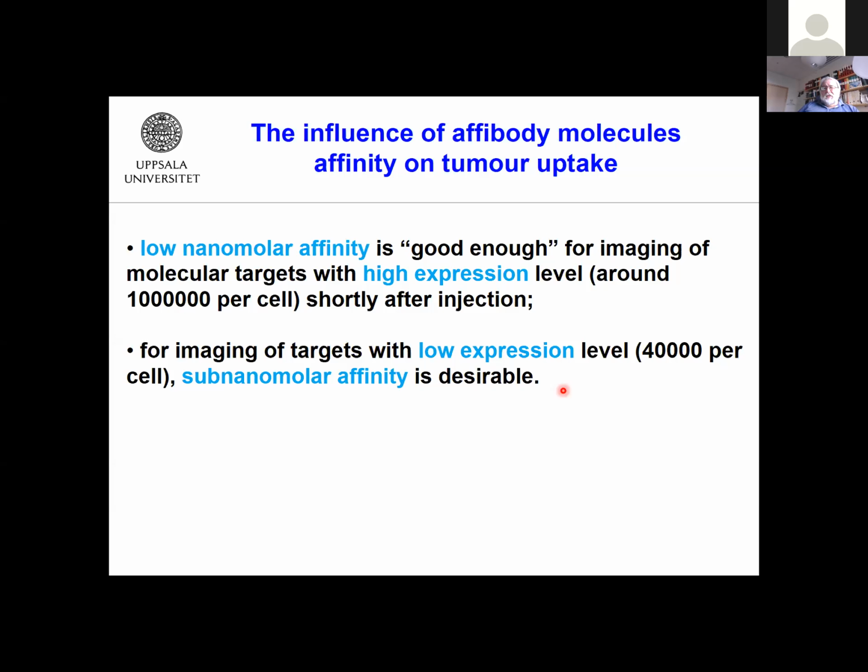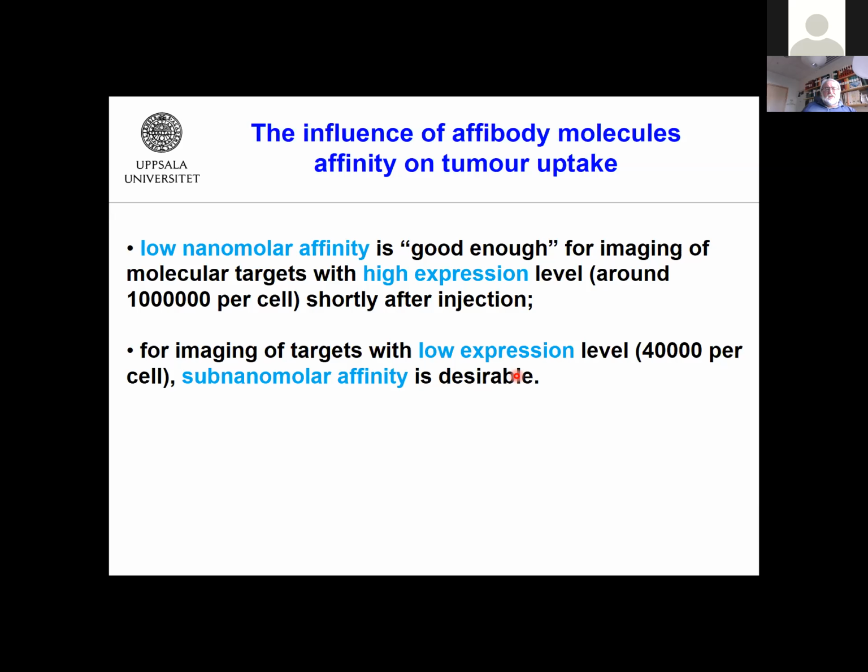So we concluded from this study that low nanomolar affinity is good enough for imaging of molecular targets with high expression level, around 1 million receptors per cell. This is the level of expression of HER2, the level of expression of epidermal growth factor receptor, and some other molecular targets.